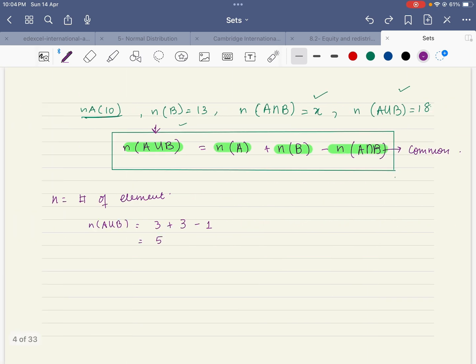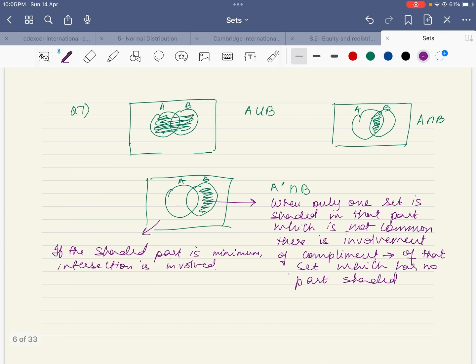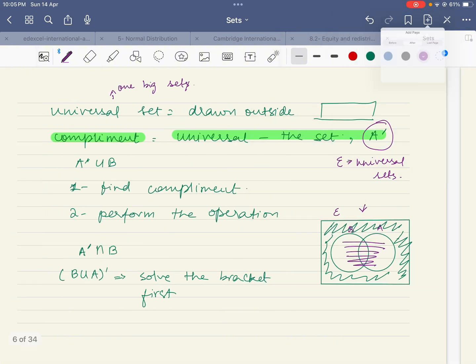Alright, now coming to universal sets. What is a universal set? Universal set is one big set and all the other sets are subsets of this universal set. For example, let's take an example of a universal set.